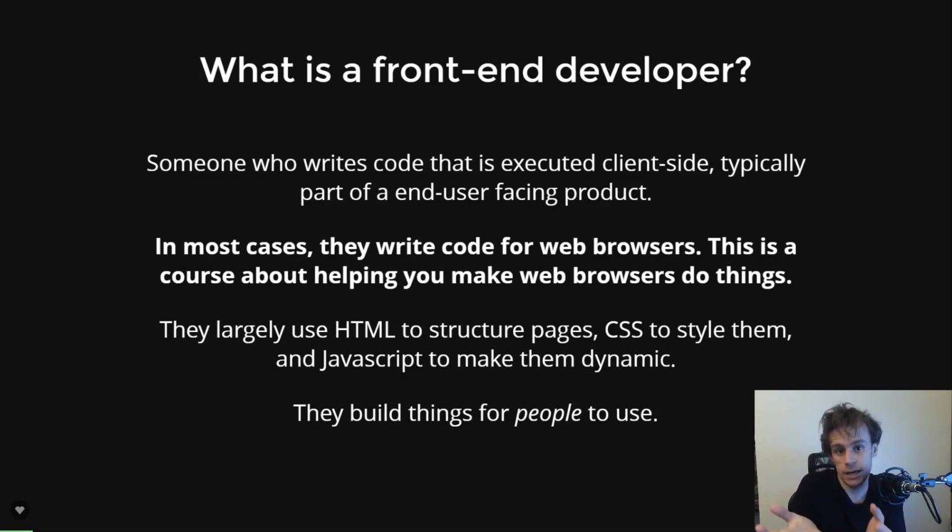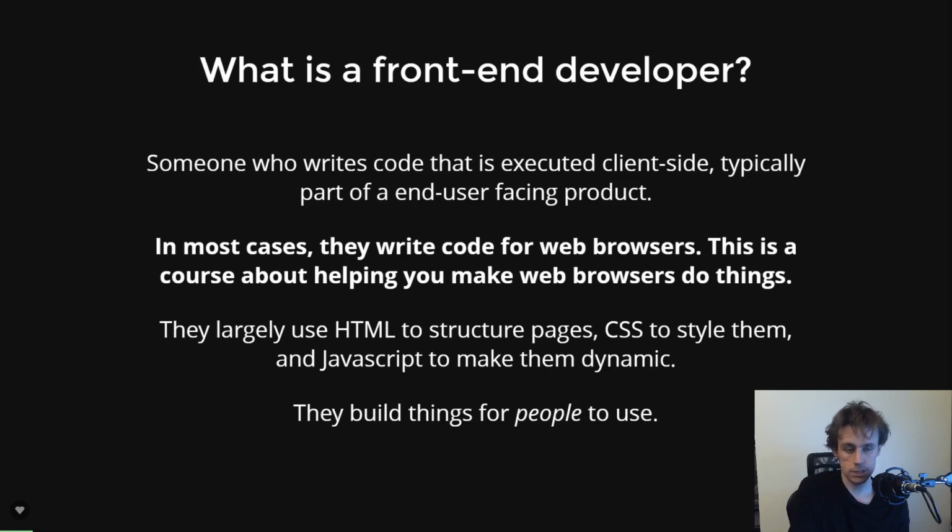It's all running there. 10 or 20 years ago, you might have done a lot of front-end programming with something like Java or some C++ libraries, whereas nowadays a substantial amount of stuff is being written for and inside of web browsers. So in a lot of ways, this is a course about helping you make web browsers do things for people, building interfaces for people through web browsers.